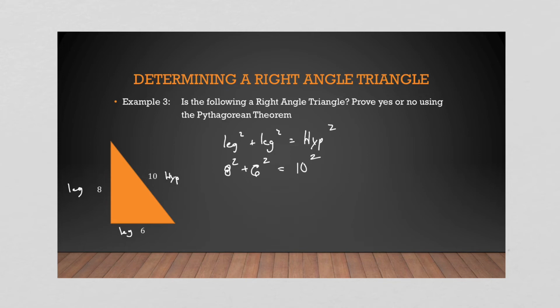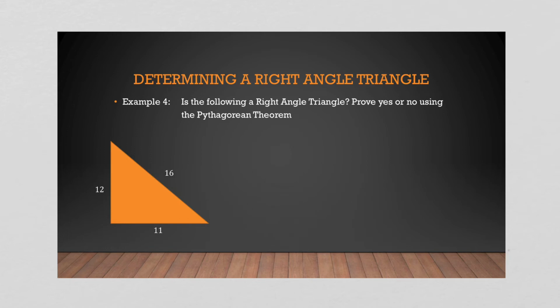So you're not solving, you're just simplifying through. 8 squared is 64, 6 squared is 36, 10 squared is 100. 64 plus 36 is 100. Does 100 equal 100? It sure does. This is a right angle triangle. That's how it works.